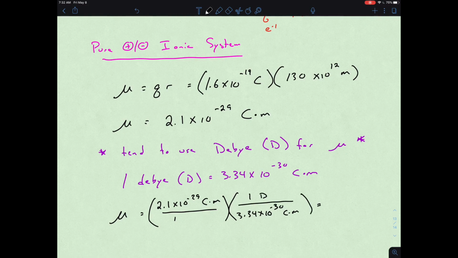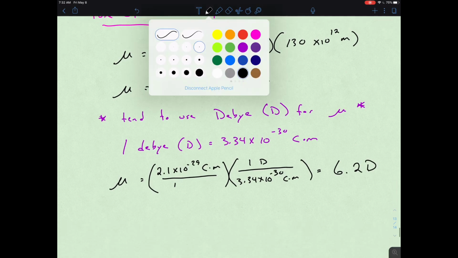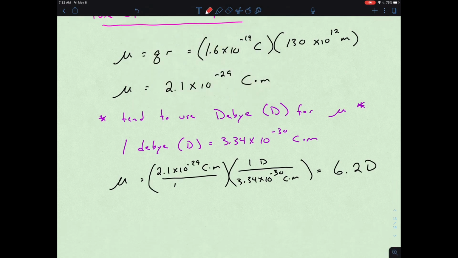And this is equal to 6.2. And this is for, like I was saying above, a pure ionic bond, which would have this mu because we're just talking about the charge of that electron or a proton.